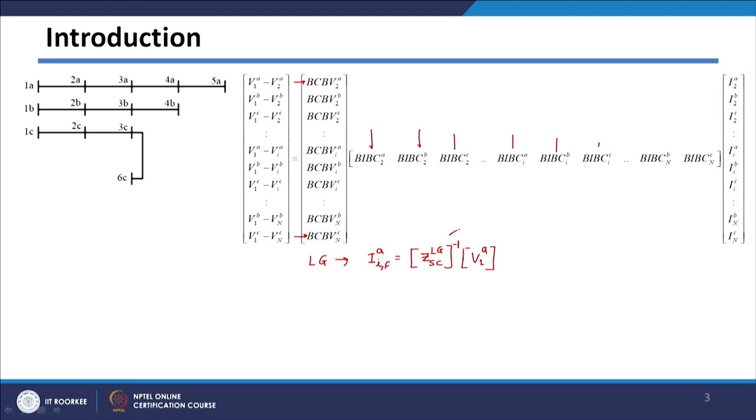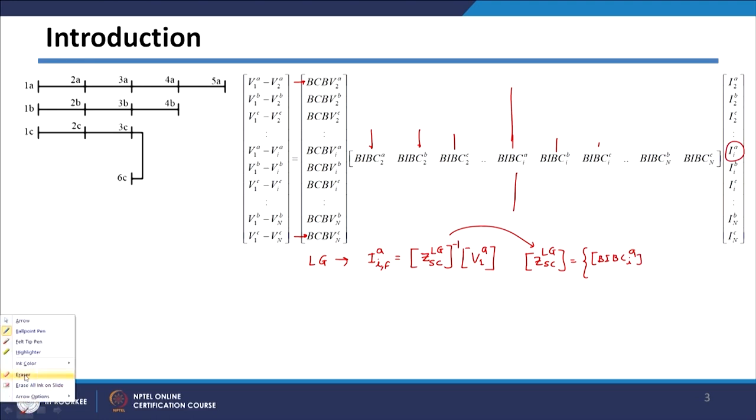This Z SC, the short circuit impedance for LG fault, will be equal to the BCBV row corresponding to the ith bus and A phase, multiplied by the BIBC column corresponding to the ith bus and A phase, plus ZF, the fault impedance.